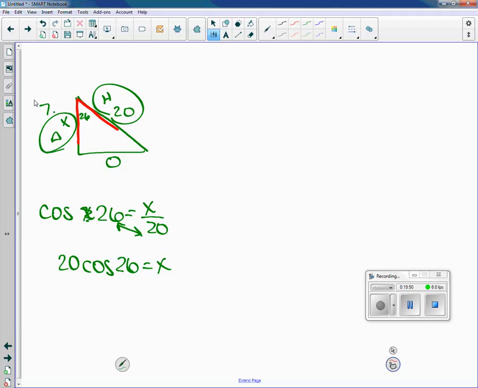And your answer should be... Did you hit enter? You did not press enter. 17.97. Cosine, enter.